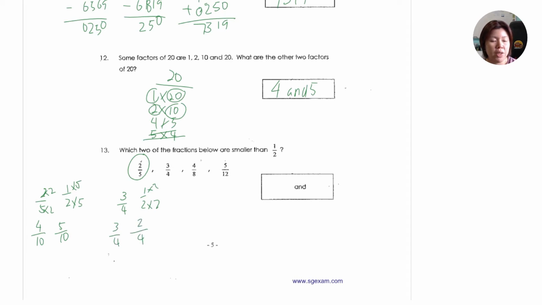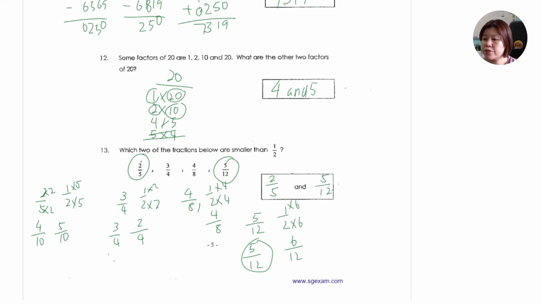No, it's bigger. Let's move to 4/8 and half, I can actually times 4, times 4. They are actually the same, so it's out. And then we double check 5/12. I times 6, times 6. Oh yes, it's smaller. So answer is 2/5 and 5/12.